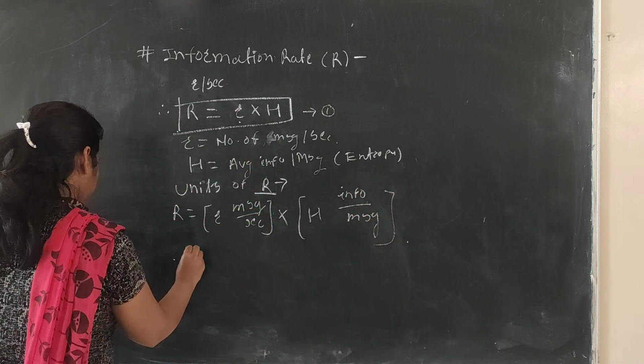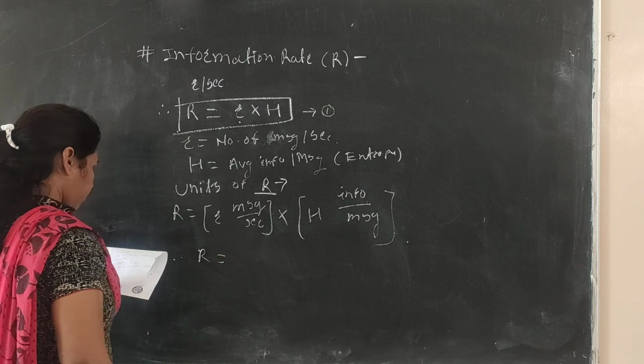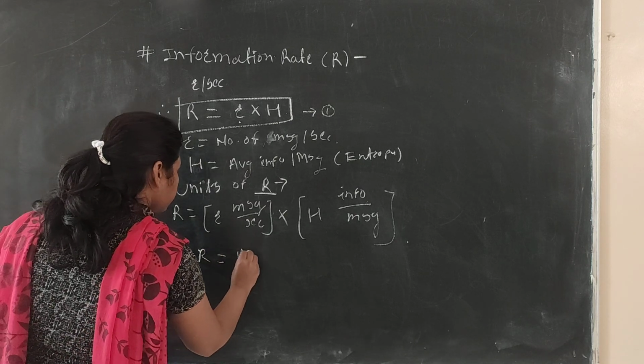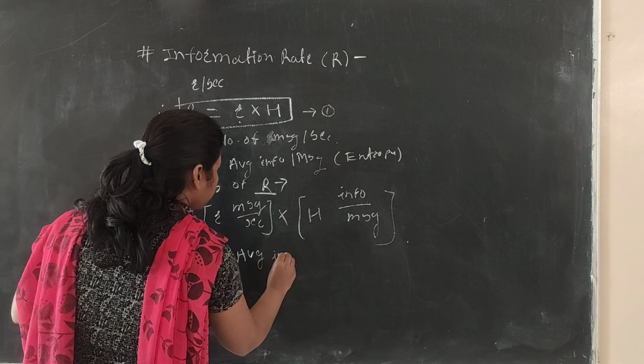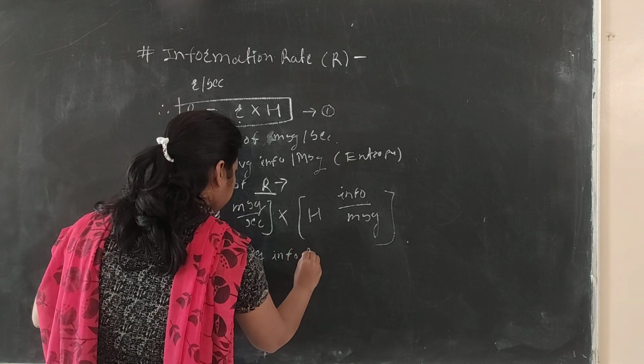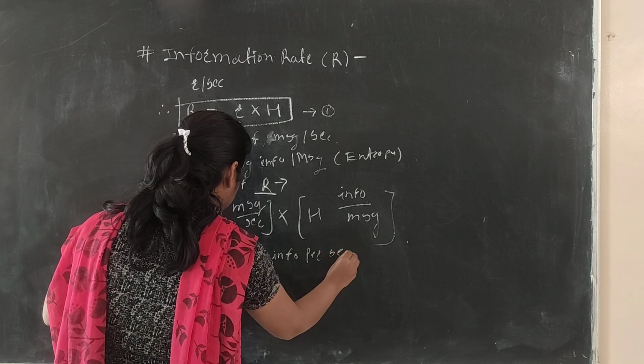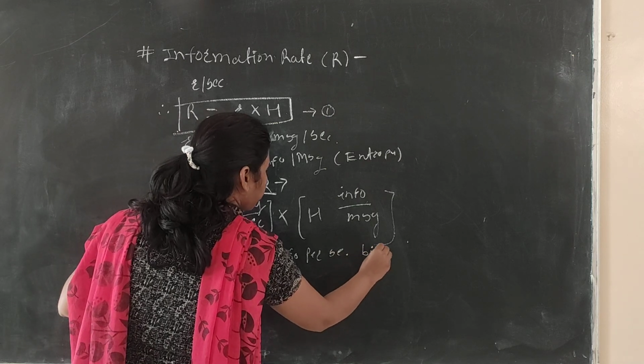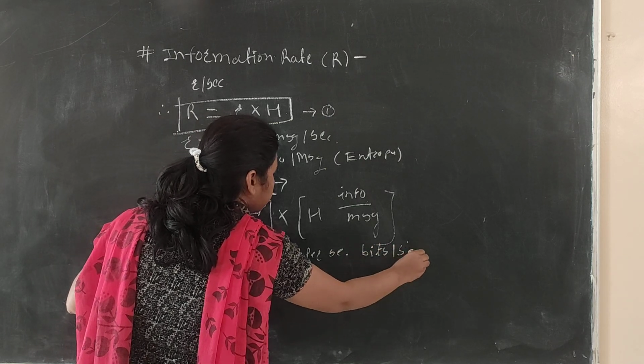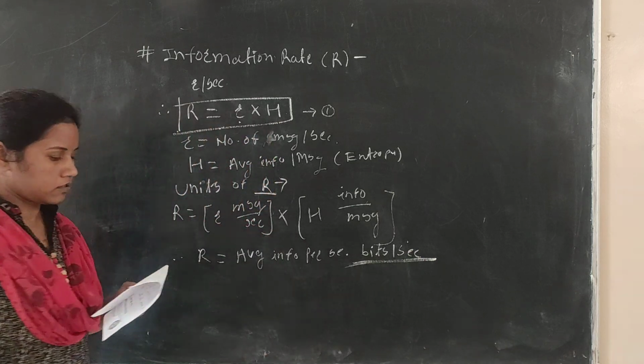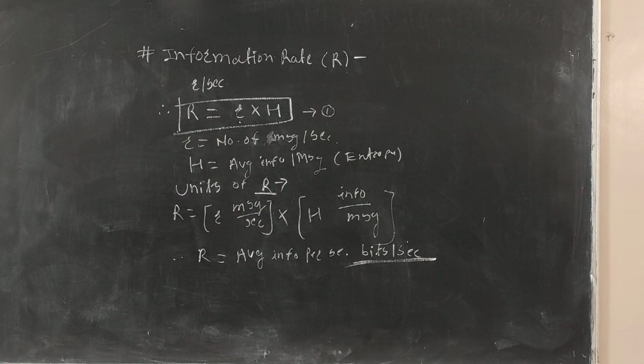Hence R is equal to average information per second, expressed in bits per second, and this is the unit for this information rate.